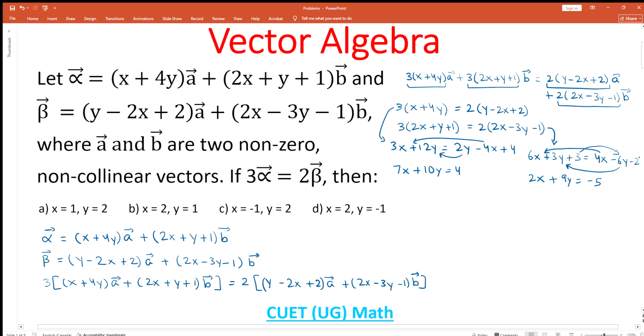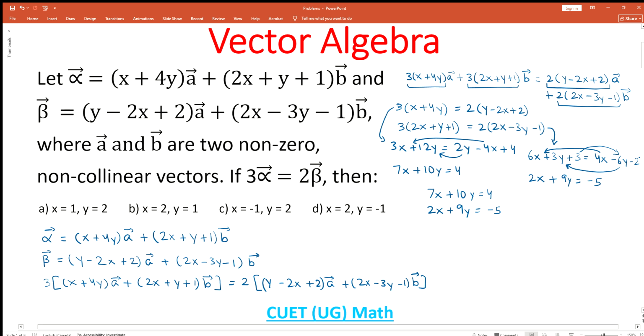We can solve this linear system to find the values of x and y. Let's stack the equations. We can solve this linear system using the elimination method.